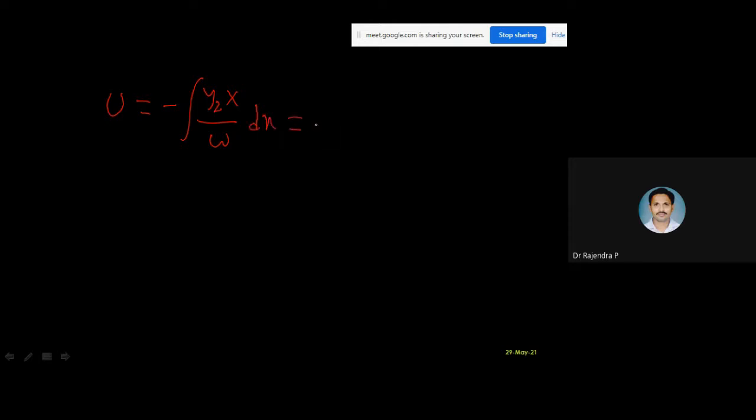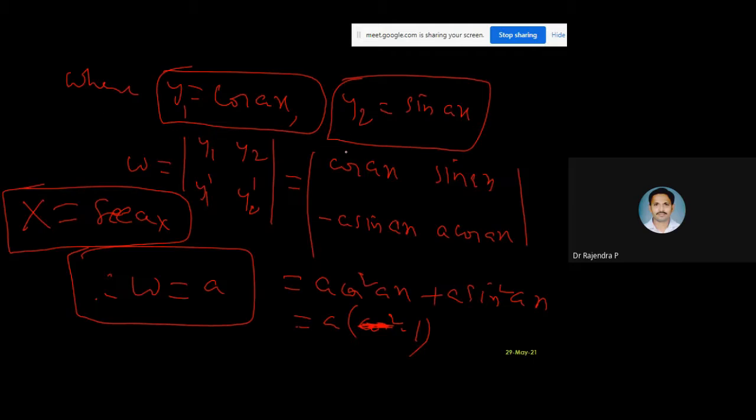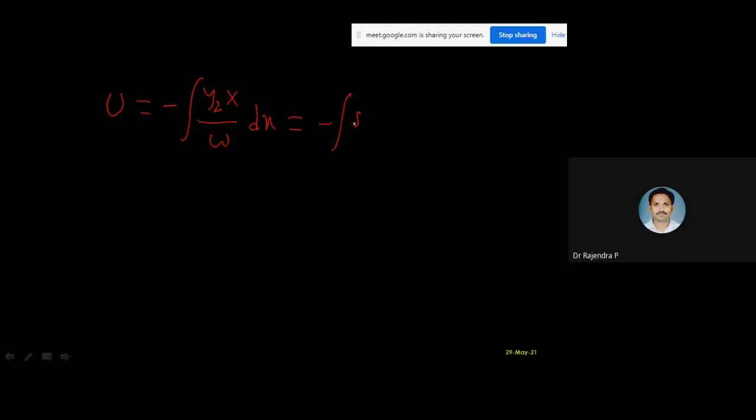What is y2 here? Sin ax. Capital X is secant ax, right? Secant ax by W value, which is a, into dx. Right. So secant means 1 by cos ax, right? So that means integral of tan ax by a. 1 by a I will write outside because it should not disturb us.